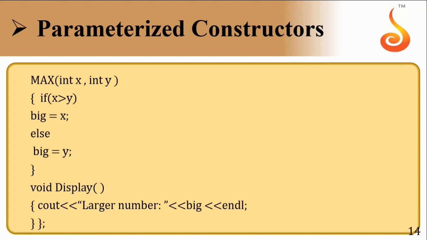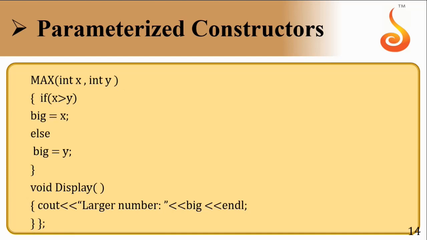There is no return type written over here. It is not a default constructor because I am passing two arguments to it, that is int x and int y. That is why it has two parameters and is called a parameterized constructor.